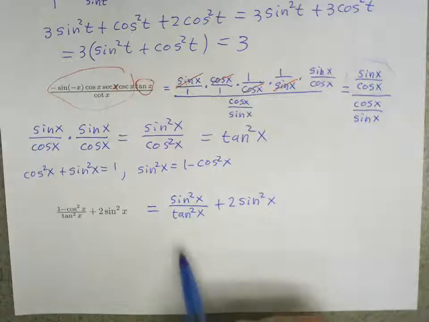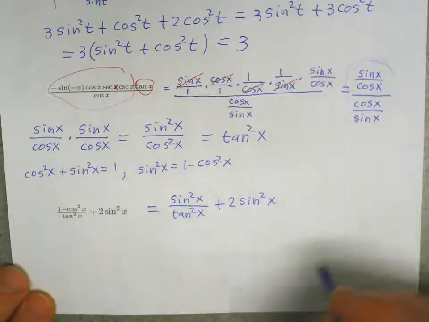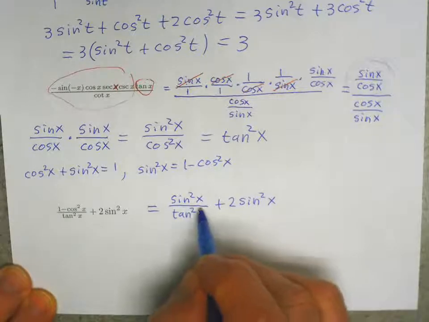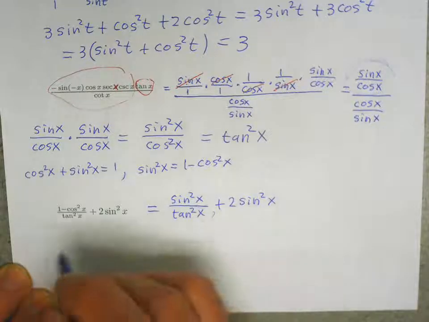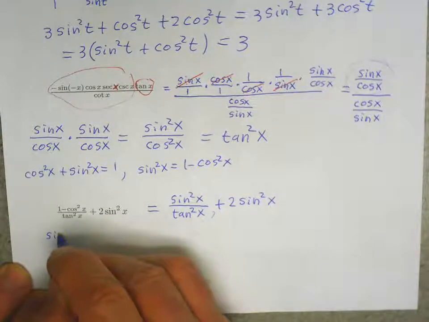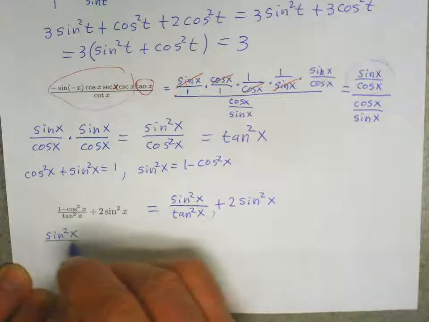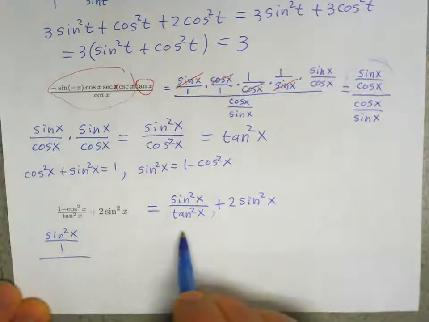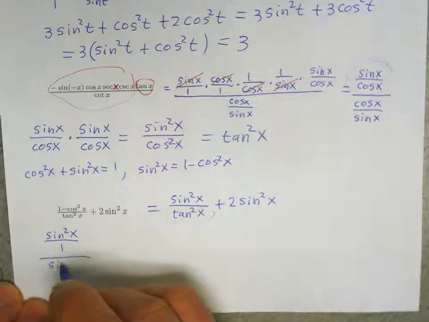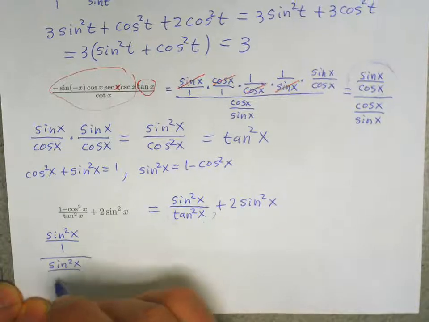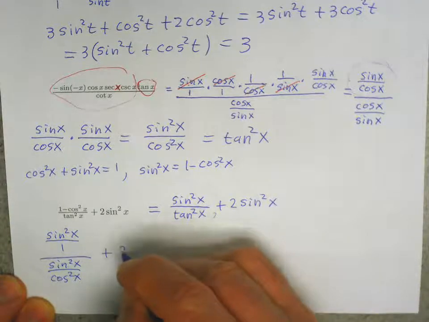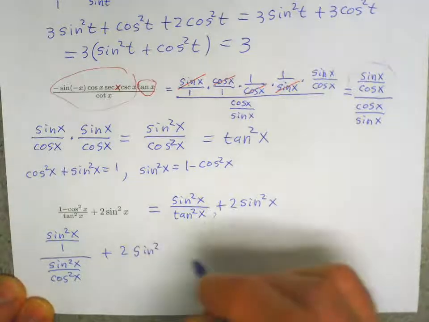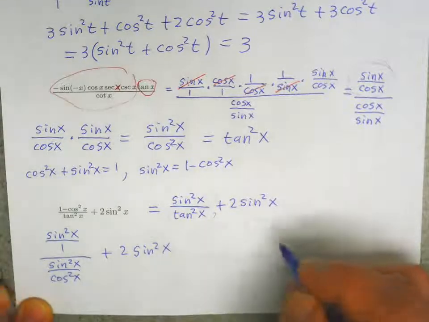Well, it looks like what needs to be done is convert tangent of x squared to sine of x squared over cosine of x squared. So we'll have sine of x squared over 1 divided by tangent of x squared written as sine of x squared over cosine of x squared plus 2 times sine of x squared.